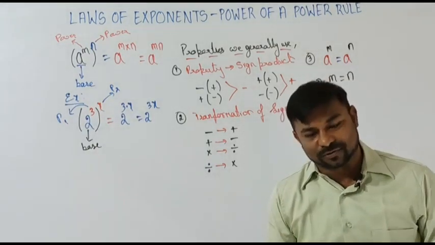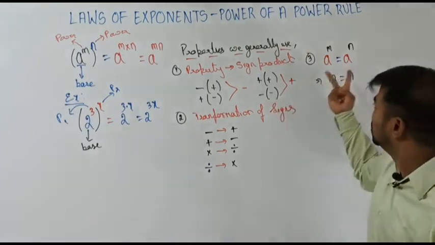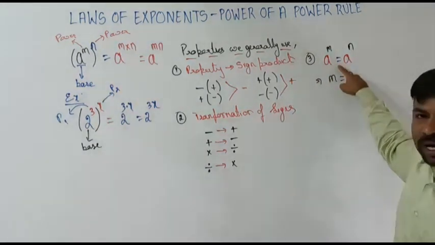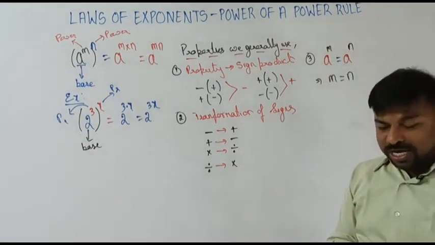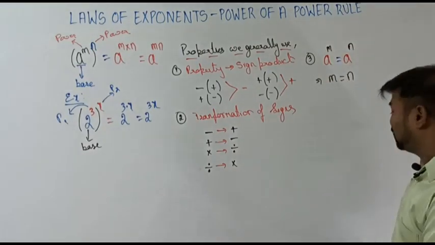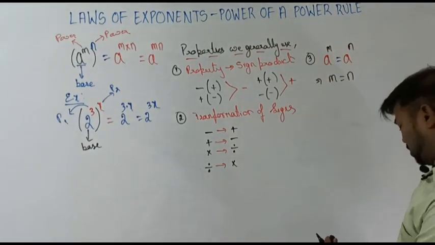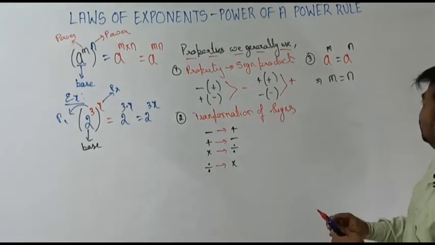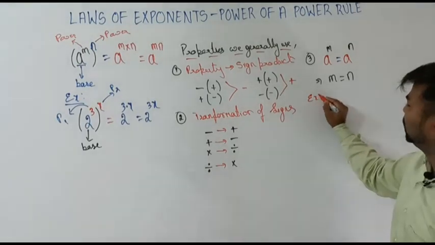If you have two bases the same and an equal sign in between, then the powers are also equal. I will show you how it comes out like this. Let me come up with an example for you.